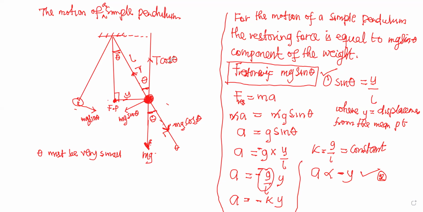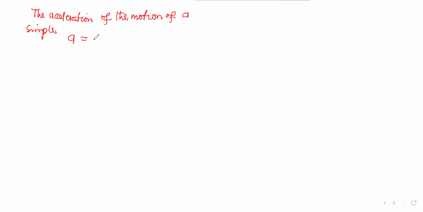All right. So for the motion of a simple pendulum, its acceleration, A, is equal to minus g over L times the displacement y.